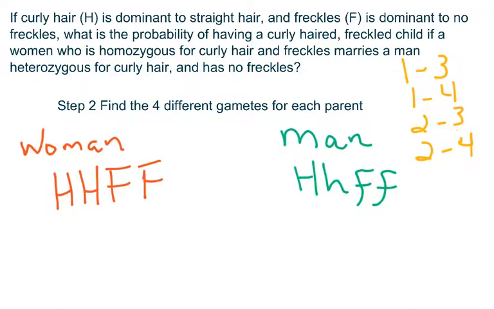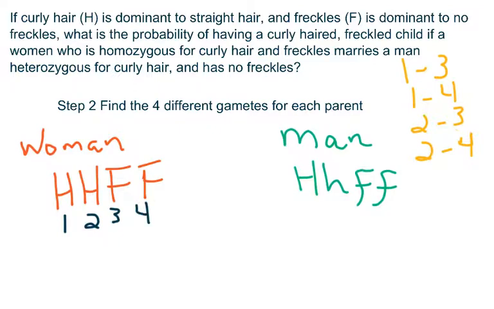So I've written the genotypes of both the woman and the man down here below. Remember, that was from the previous part of the presentation. I'm going to put numbers underneath the 4 alleles: 1, 2, 3, 4.